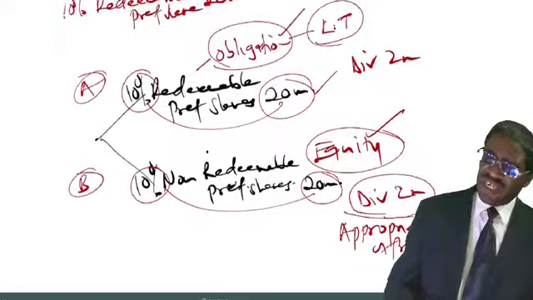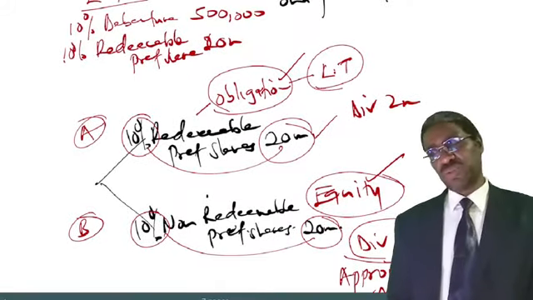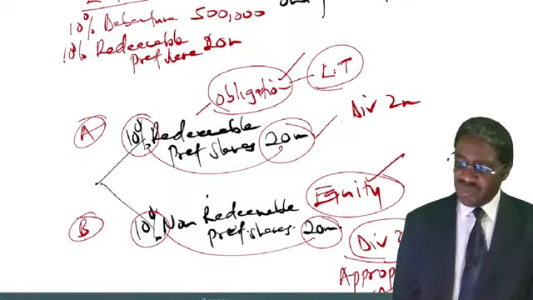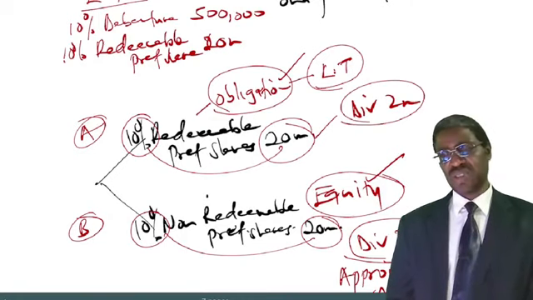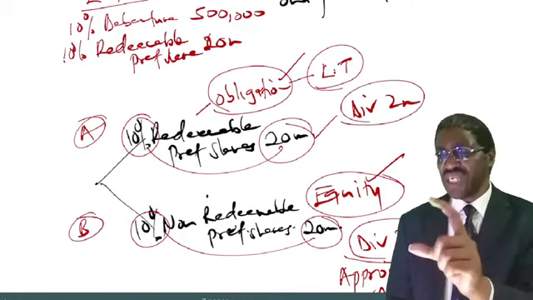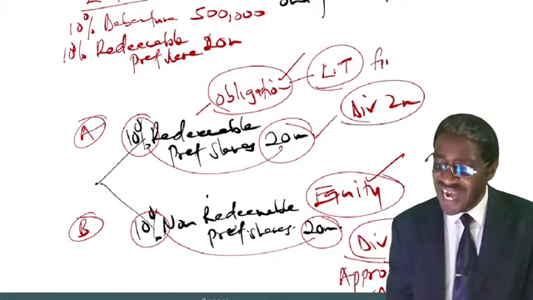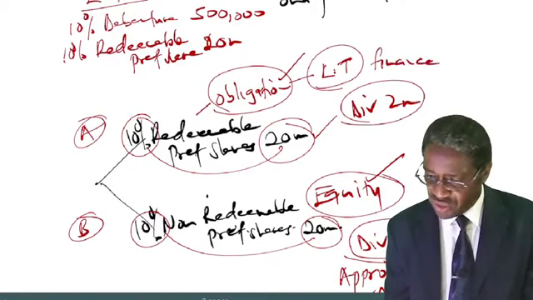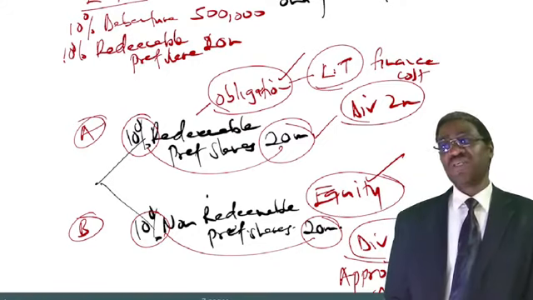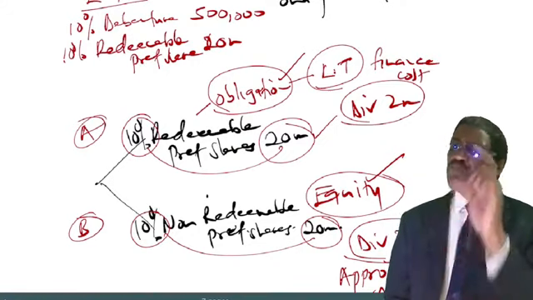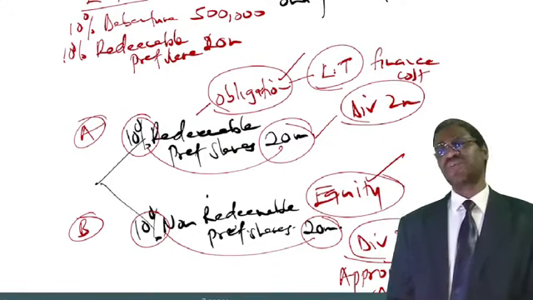For the dividends paid on redeemable preference shares, we consider them as an example of a finance cost. Why? Because you borrowed the 20 million.